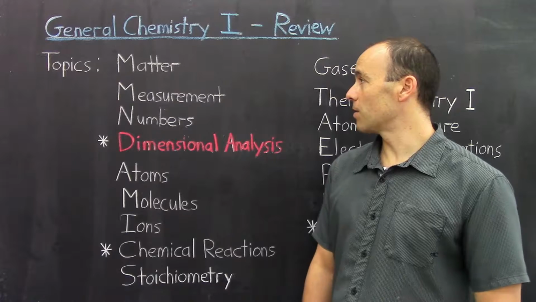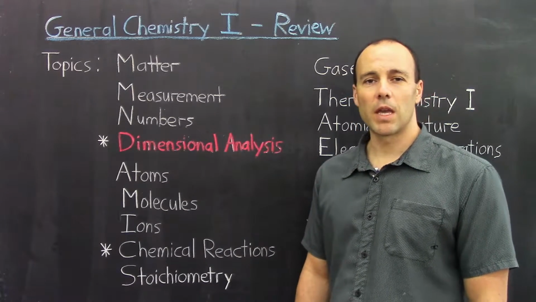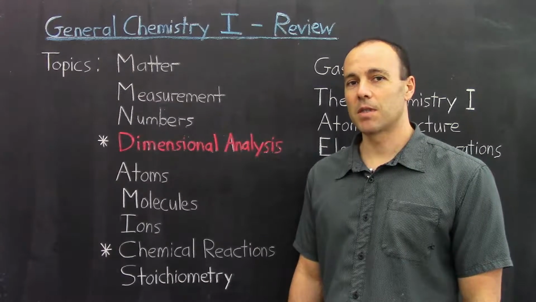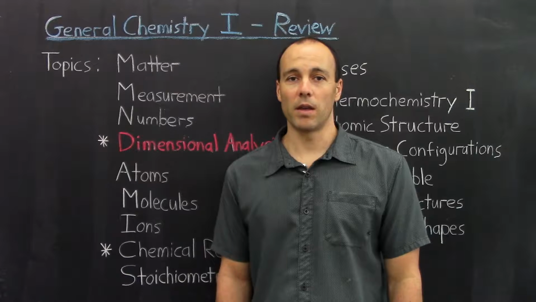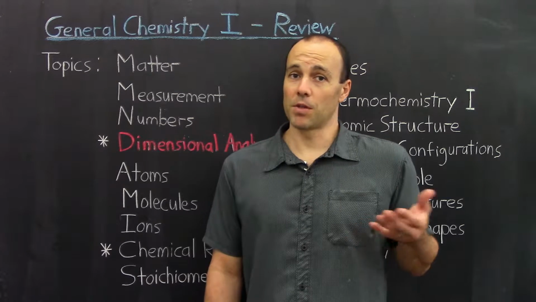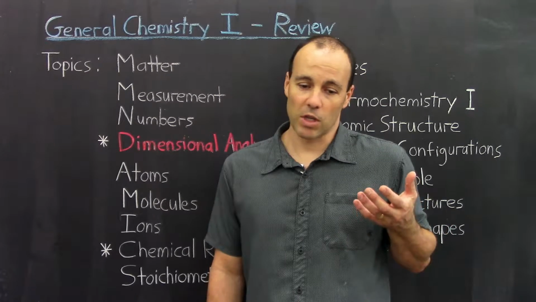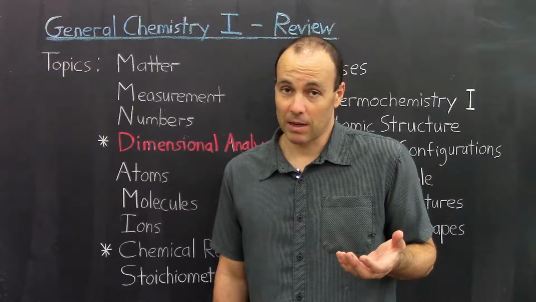At the beginning of General Chemistry 1, you go through matter. Matter's anything that has mass and takes up space. And there's a couple of ways to classify matter. One is by what it's composed of. Is it a pure substance, meaning just an element or a compound containing one type of molecule?